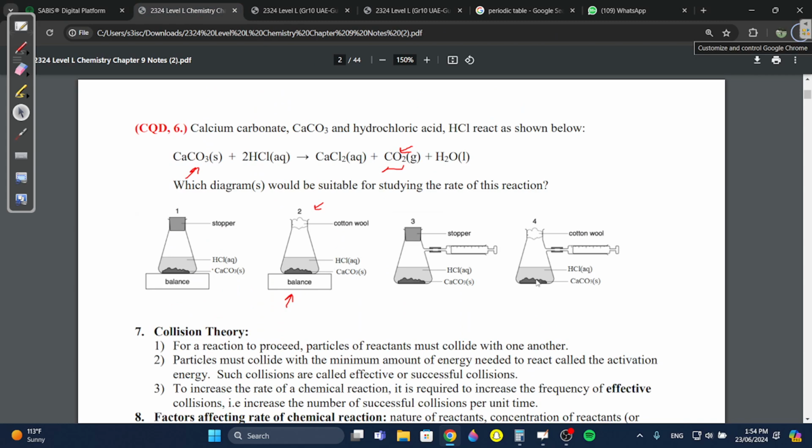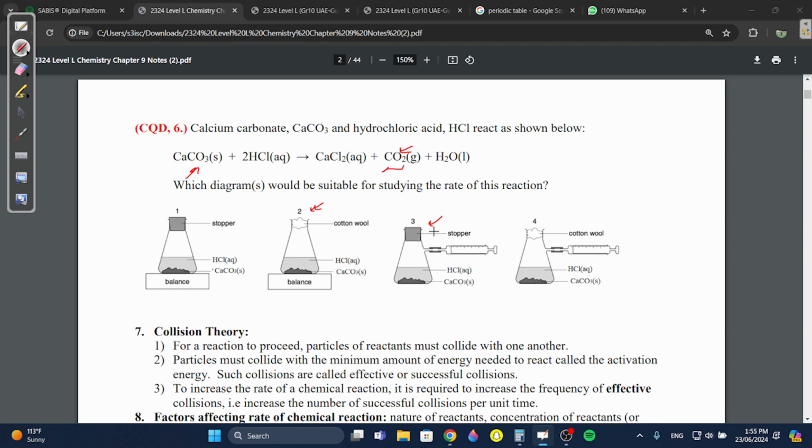Okay, I just asked the group. Apparently in the periodic they asked which is most suitable for studying the change in mass. Obviously the change in mass would be the one with the balance. This is correct also if you're speaking generally, because it has a gas syringe to collect the carbon dioxide gas, so that would also be correct. And they have this stopper over here to stop the carbon dioxide gas from going up. So if you want to put cotton wool, you don't put a gas syringe.